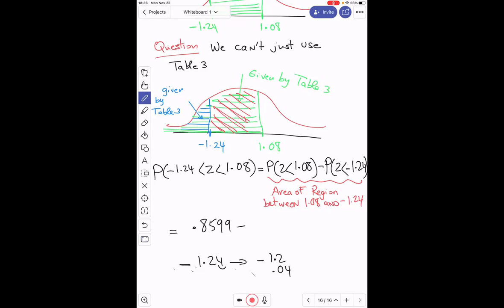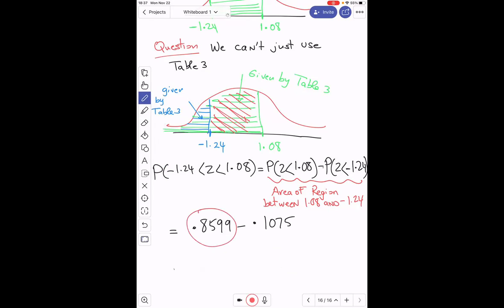So this is 0.1075. Again, these two numbers are from table number 3.